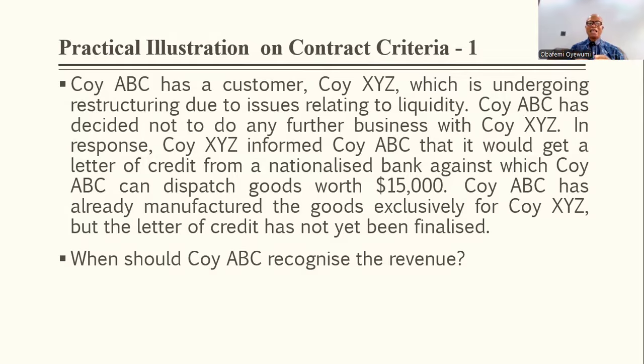In response, company XYZ informed company ABC that it will get a letter of credit from a nationalized bank against which company ABC can dispatch goods worth $15,000. Company ABC has already manufactured the goods exclusively for company XYZ, but the letter of credit has not been finalized. It's yet to be finalized.